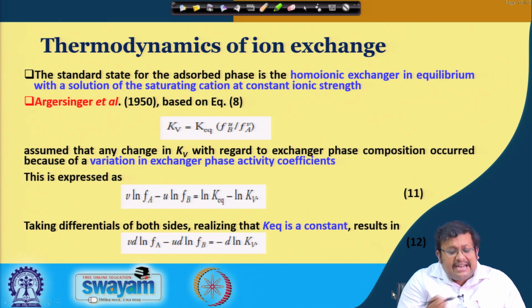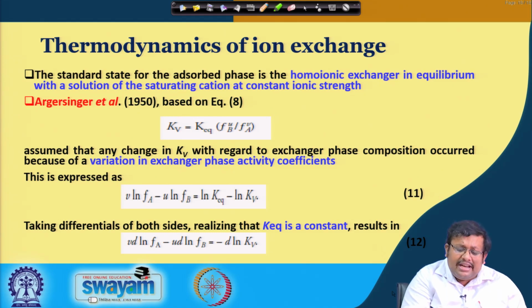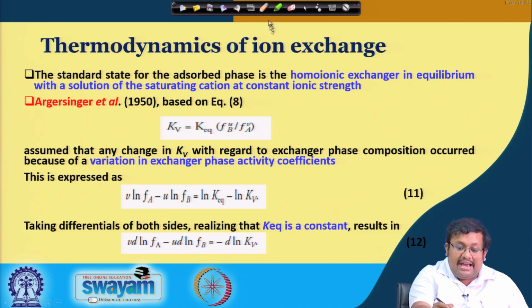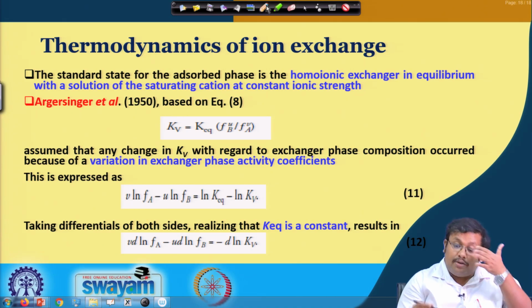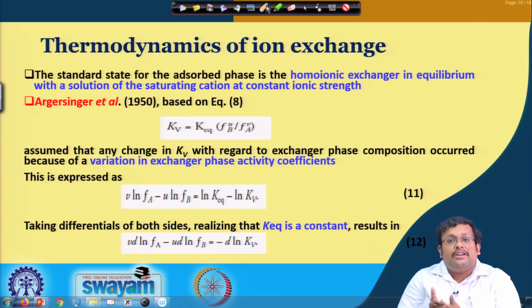Now, the standard state for the adsorbed phase is the homoionic exchanger in equilibrium with a solution saturating cation at a constant ionic strength. So, we already know this formula which we saw in the case of the Vanselow equation. So, assume that any change in this Kv with regard to exchanger phase composition occurred because of a variation of the exchanger phase activity coefficient.